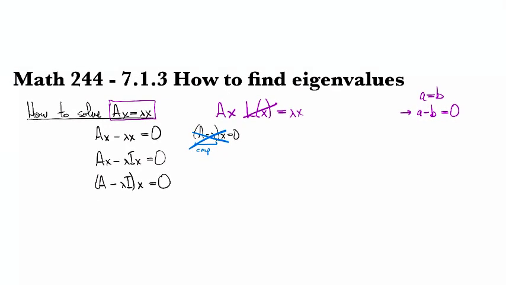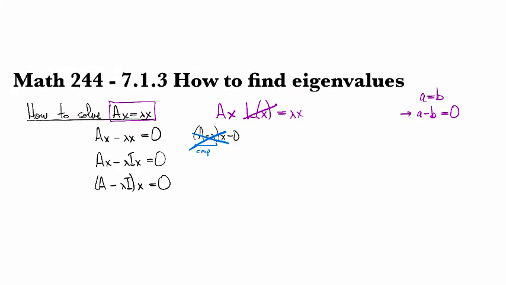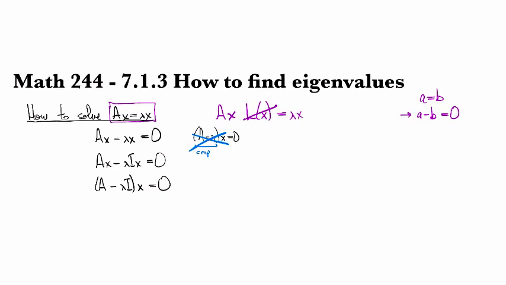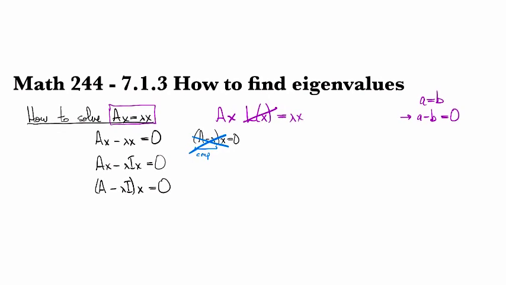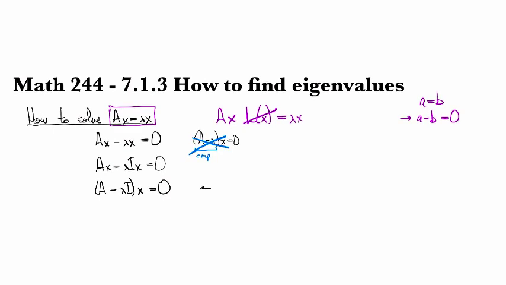So I stick in an identity matrix and I look at this. Now the original equation, the eigenequation that we're trying to solve, is equivalent to this one.